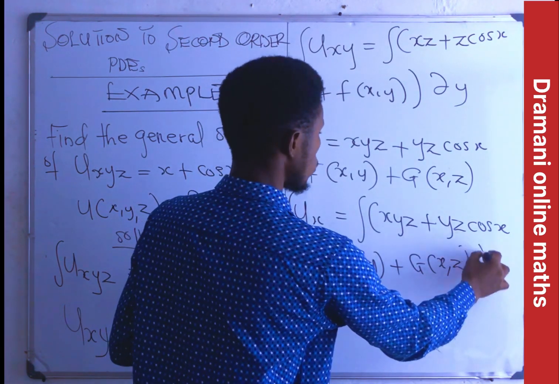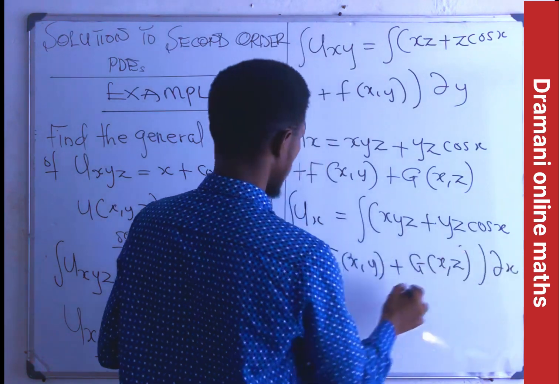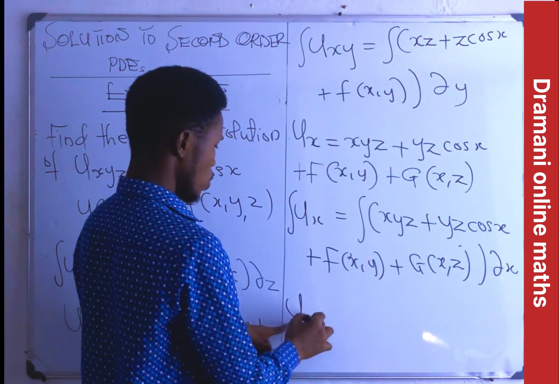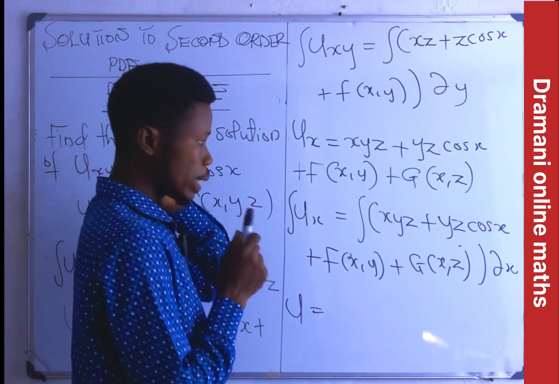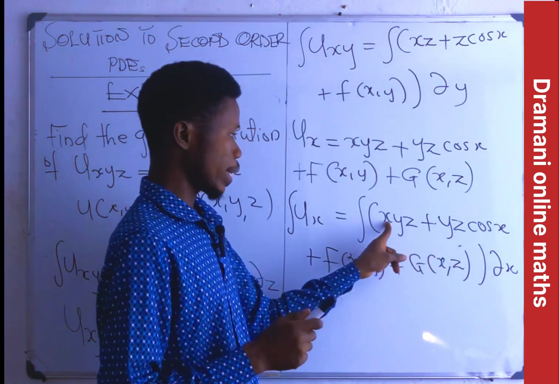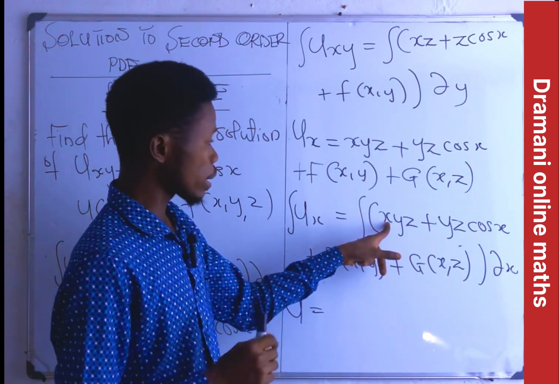Okay, then you close the bracket with respect to x finally. So I have u equals, so I'm going to get the final answer. Now remember, I'm integrating with respect to x. There's x here, so I'll treat this x as a variable.